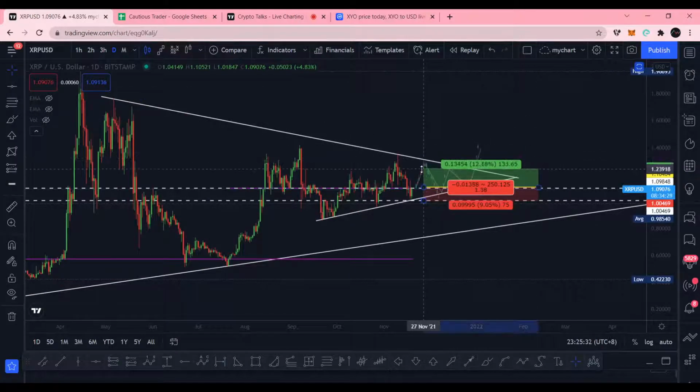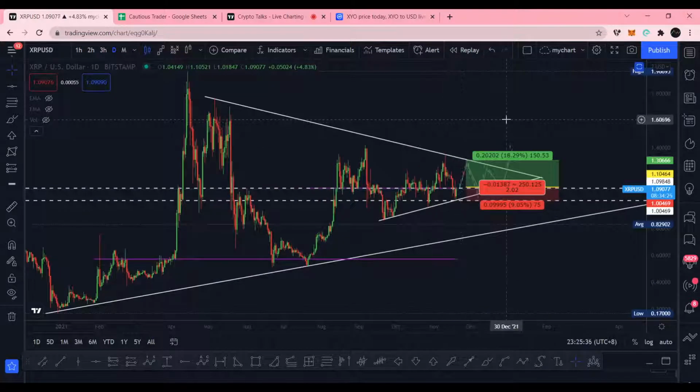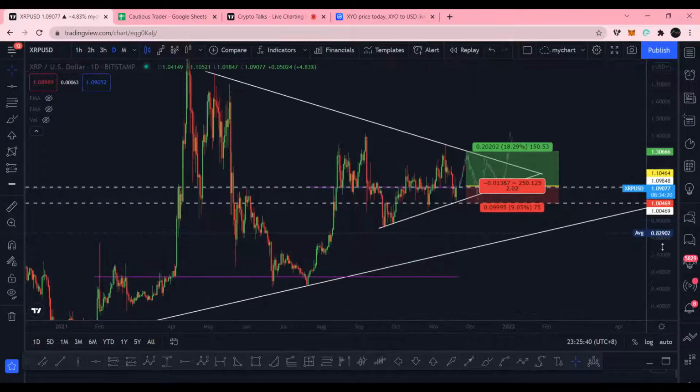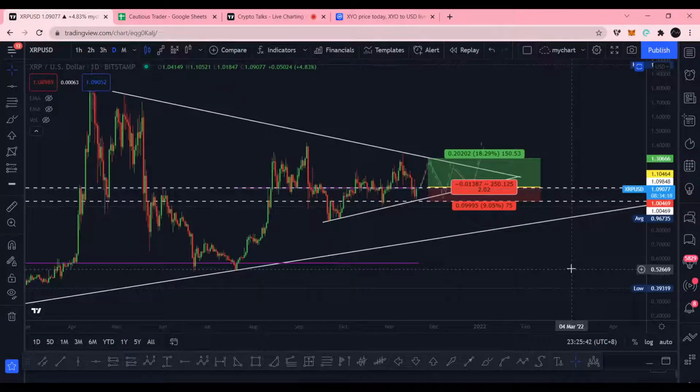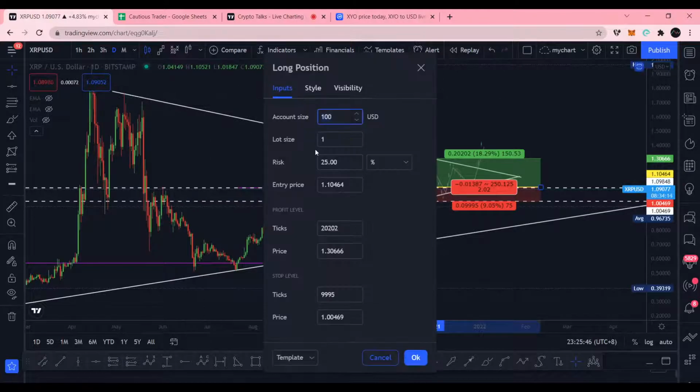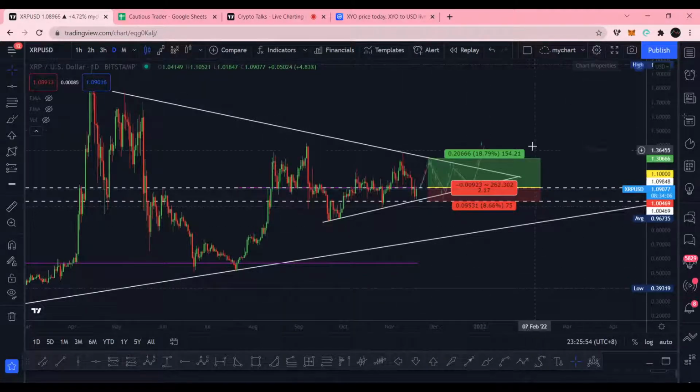Kasi nga, I'm looking at this possible TP. Ha? Nag-reach pa rin siya ng 2.02. So anyways, possible entry price 1.10 kasi above the point of control, which is okay. Na-hit pa rin niya. So it did hit.